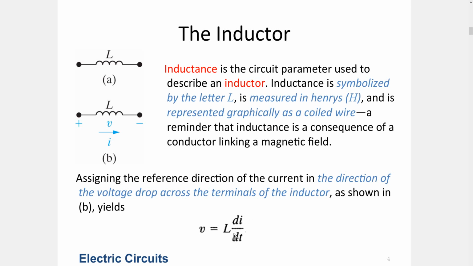And if this time is very small, then the voltage has to be very high to counterbalance the expression. So if you try to change the current across the inductor in a very short amount of time, then you will have a very large voltage drop across the inductor. And in certain practical circuits, this can cause arcing, which can be dangerous.